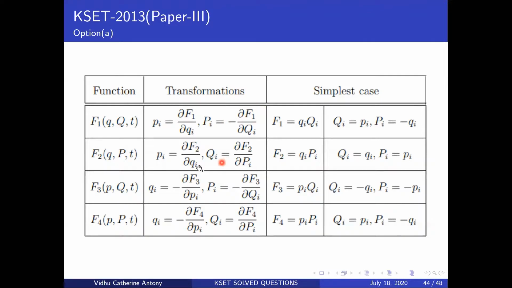How I remember this is, it's confusing, but if you have a little p in the denominator, take a negative sign. If you have a big Q in the denominator, take a negative sign. So these are the simplest case forms. You can go through it and get back to me if you have any issues on this one.